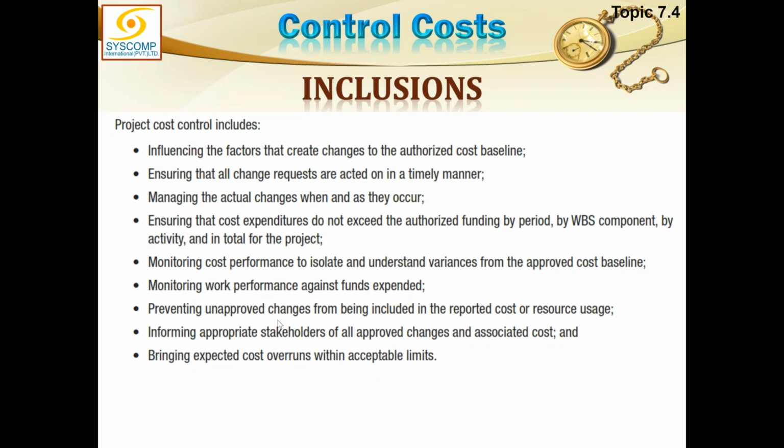If we are working on something which is not approved, then we are doing unauthorized work. Informing appropriate stakeholders of all approved changes and associated costs. So we must keep the system transparent and keep all the relevant stakeholders informed of what is happening, and bring expected cost overruns within acceptable limits.